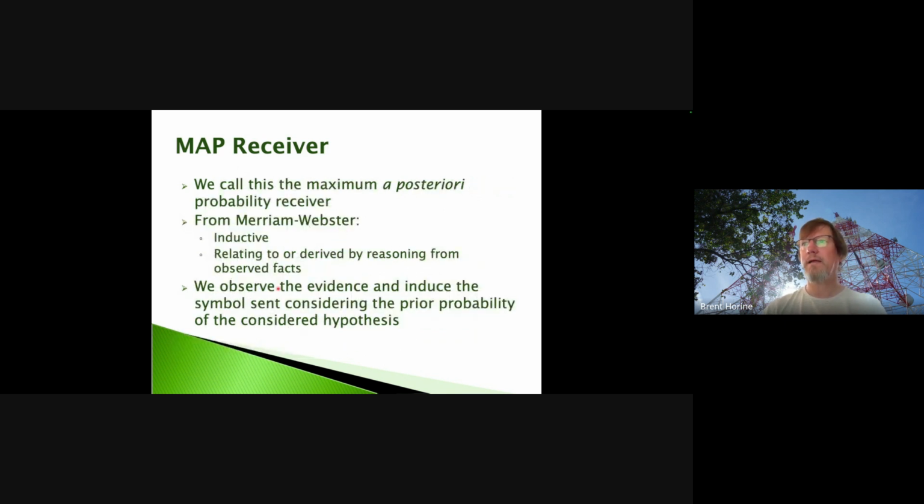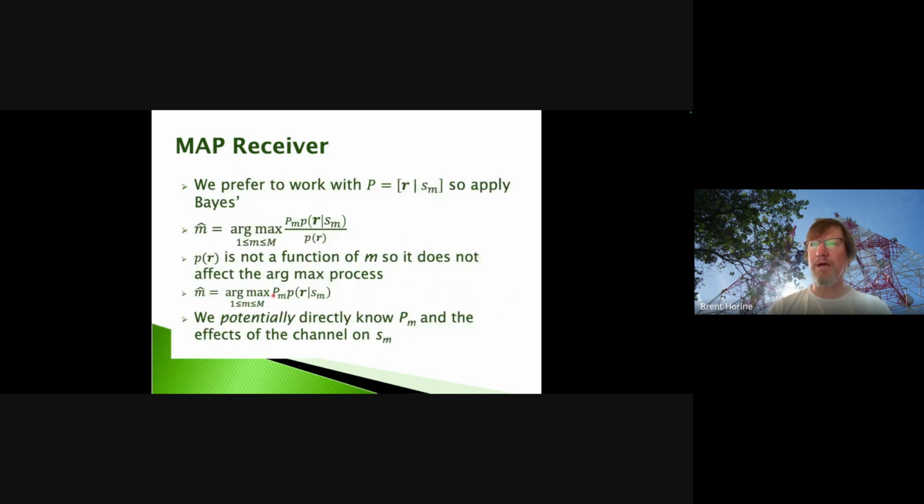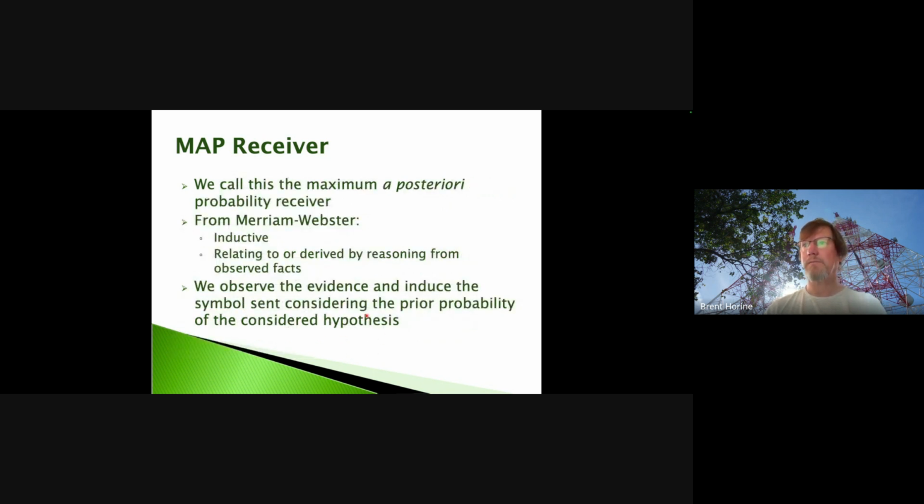And so we observe the evidence and induce the symbol sent, considering the prior probability of the considered hypothesis. This last part, the prior probability, that's this piece of M, right? So what's the probability of the transmitter sending a particular M value? So that's the maximum a posteriori receiver, MAP.